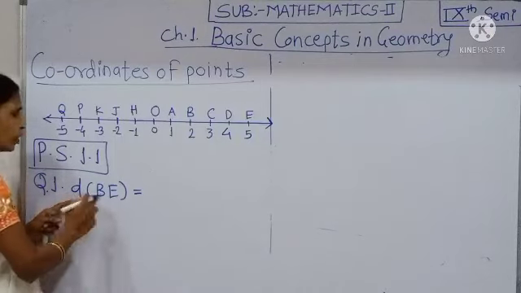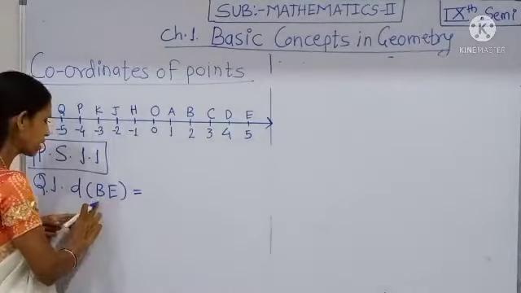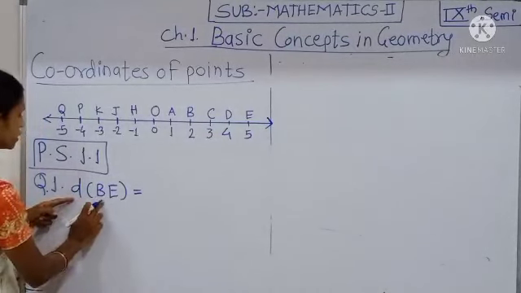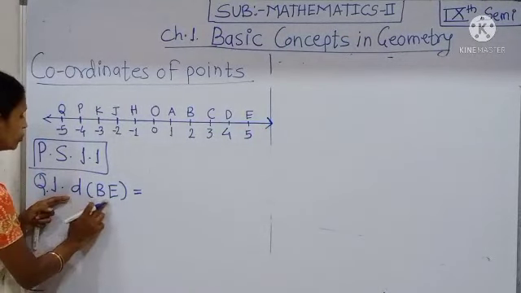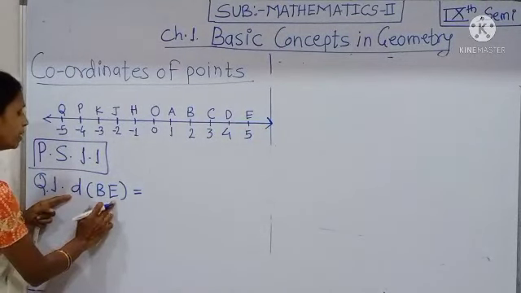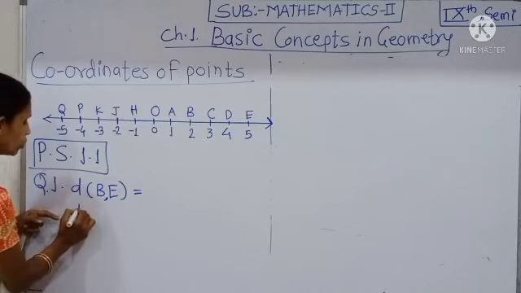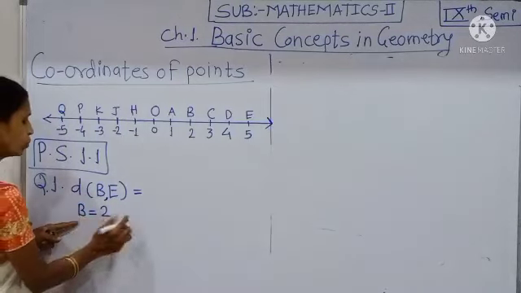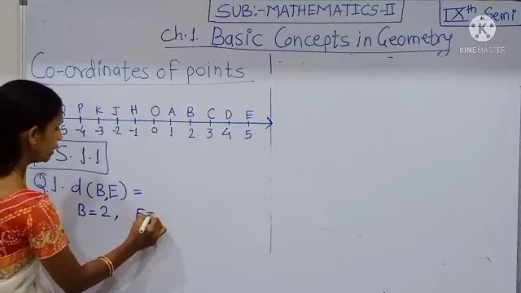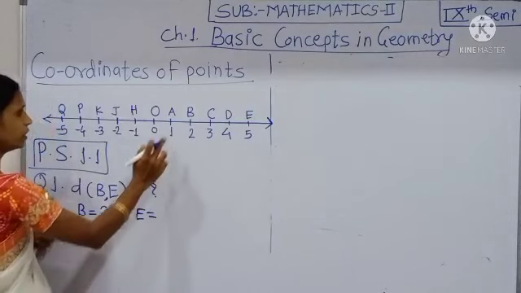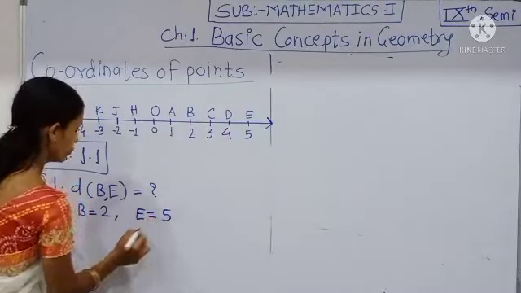We have already solved these types of examples. If we have to determine the distance between B and E, then the coordinate of B is 2 and the coordinate of E is 5.